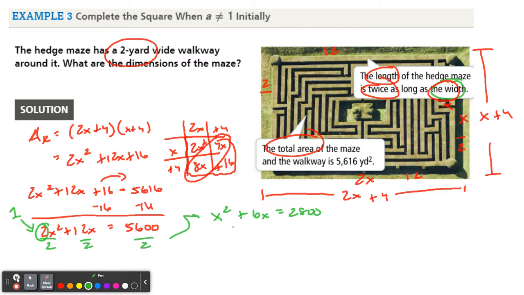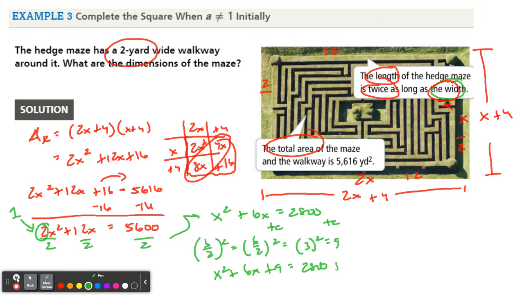There we go. And now it's time to complete the square. We need to figure out what c value we have to add to both sides to make this left side a perfect square trinomial. Remember, b over 2 squared is 6 over 2 squared. That is 3 squared, which is 9. You're going to add 9 to both sides. So we're going to do x squared plus 6x plus 9 equals 2800 plus 9, here and there.